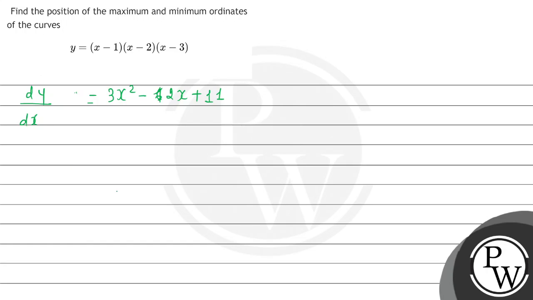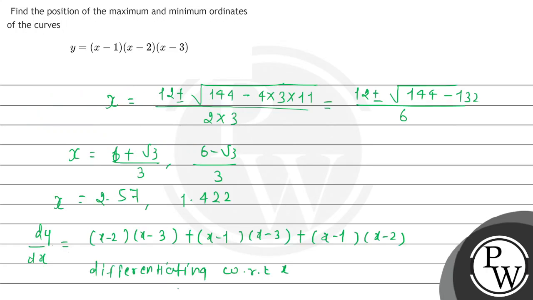So now we'll again differentiate it with respect to x, and we'll get d²y/dx². What will be the value? 6x − 12. Now we'll put in the values of x that we found earlier.